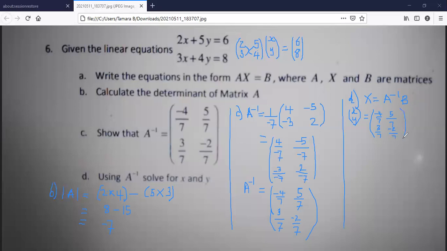All right, so we're going to multiply that by B, which is 6 and 8.